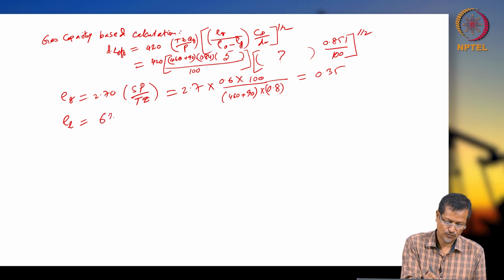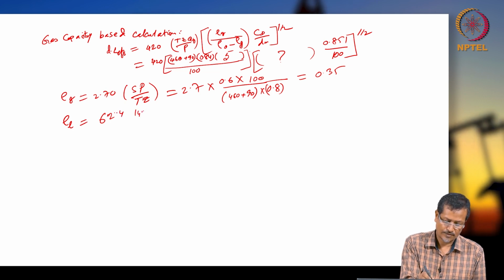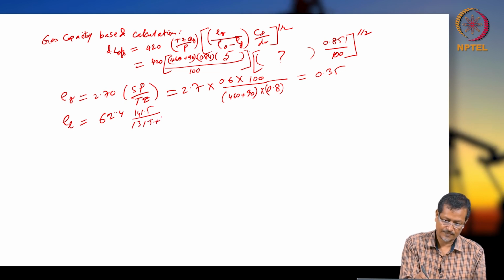And rho liquid is 62.4 times 141.5 divided by 131.5 plus API.